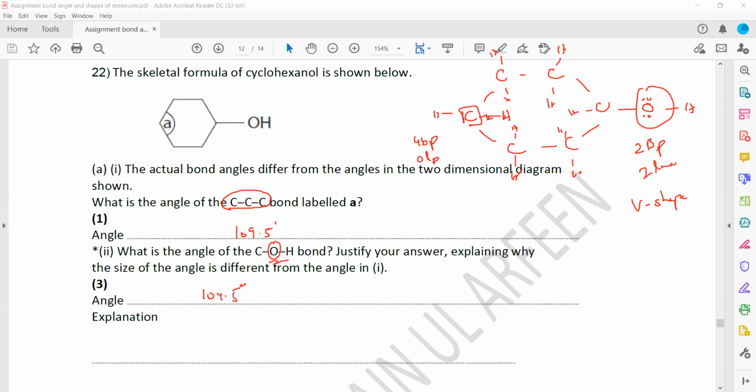The explanation is that oxygen has 2 lone pairs and 2 bond pairs, and the repulsion from the lone pairs is greater, which reduces the bond angle to the position where it minimizes the repulsion. So this was question 22.